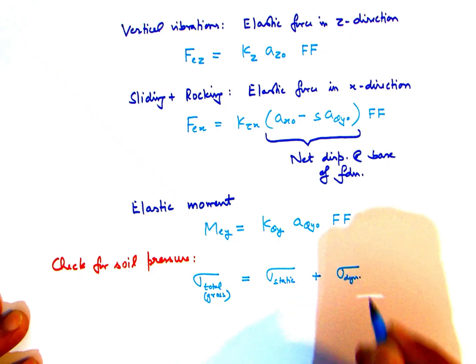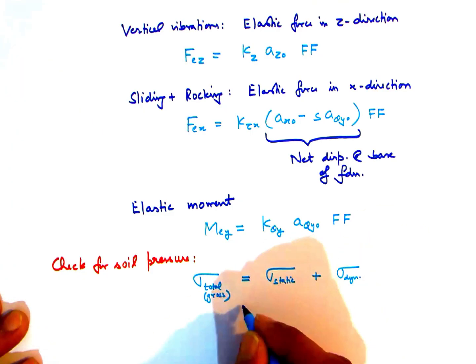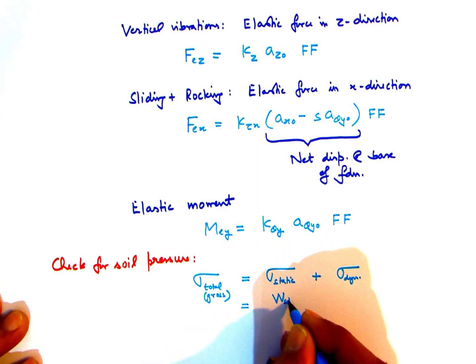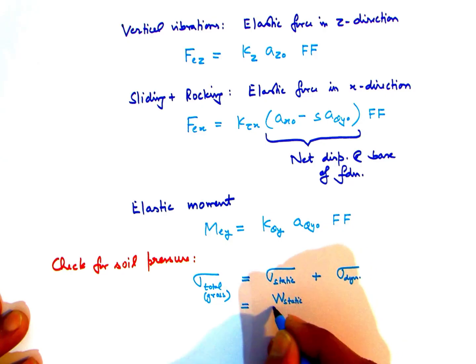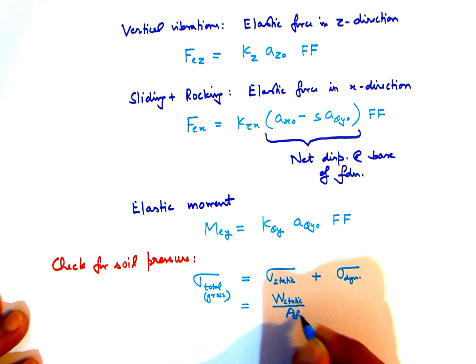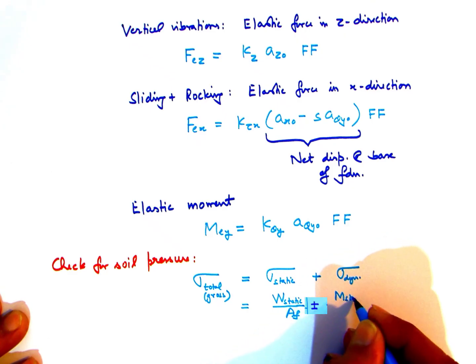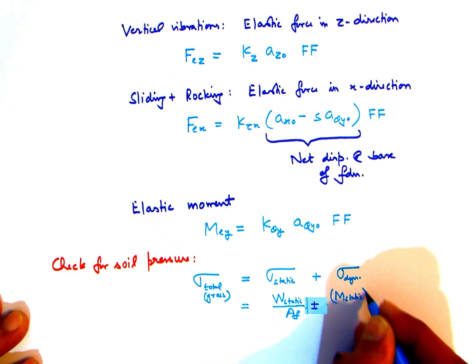So static component is caused by the static dead loads and the equipment loads and other live loads. So for that purpose, we divide the total weight by the area of the base of the footing, and then we have the static moment.